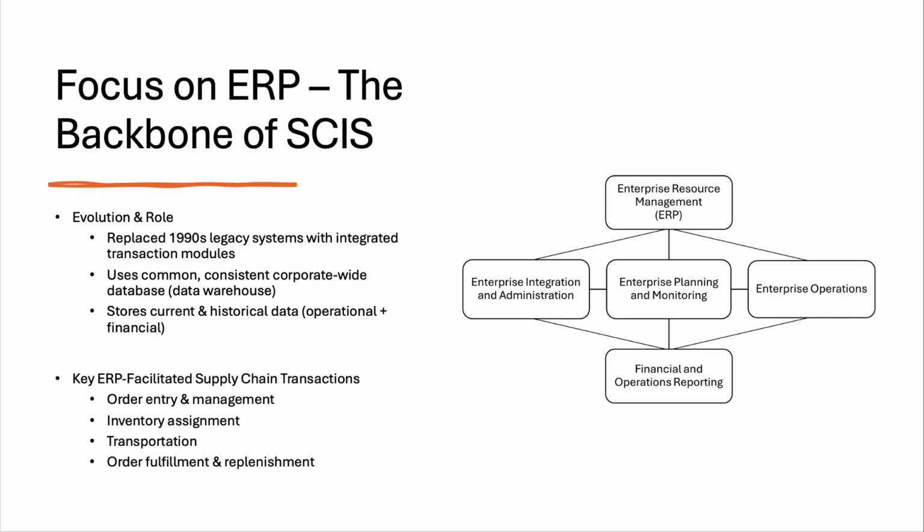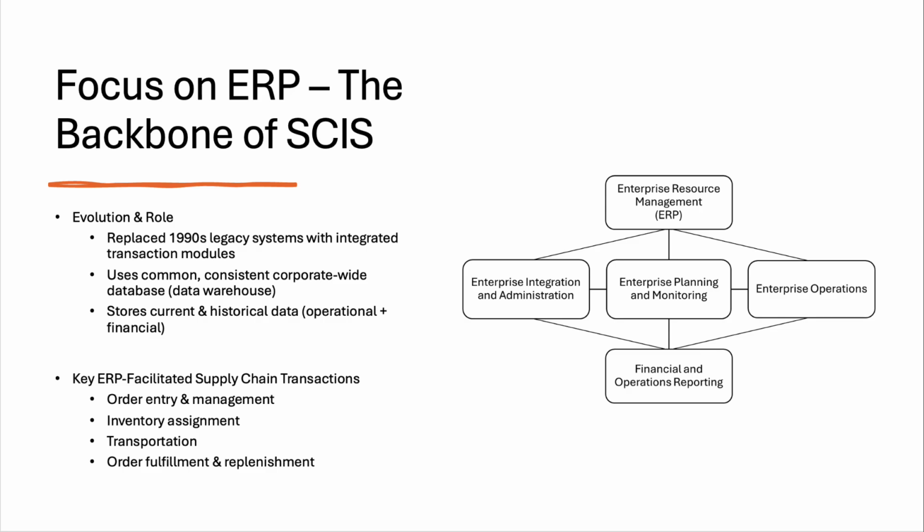ERP systems use integrated transaction modules and a common corporate-wide database. This allows different functions to work from consistent data. ERP systems store both current and historical data. This includes operational data such as orders and inventory, as well as financial data such as costs, invoices, and payments.